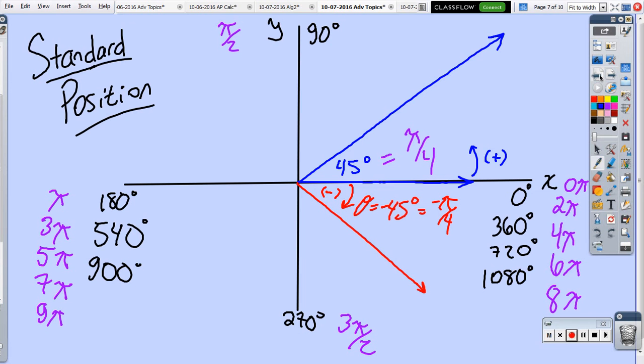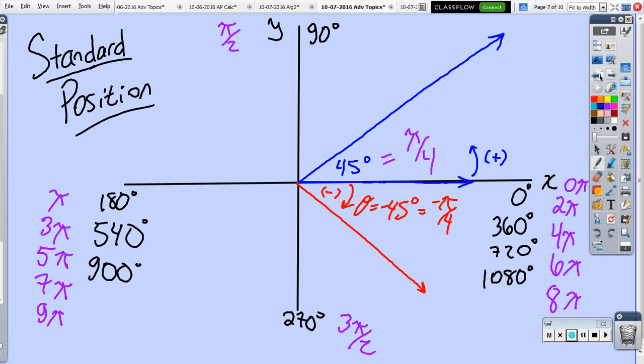For 420 you have to go all the way around plus another 60 degrees. But then the terminal ray would end up up there, not with the initial ray. But we're saying that the 60 degree would be the coterminal angle. Oh. Yes.